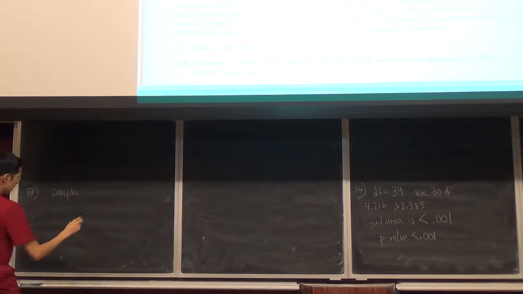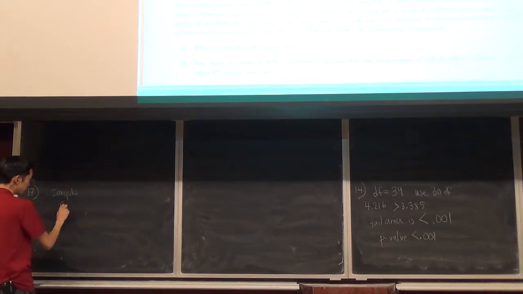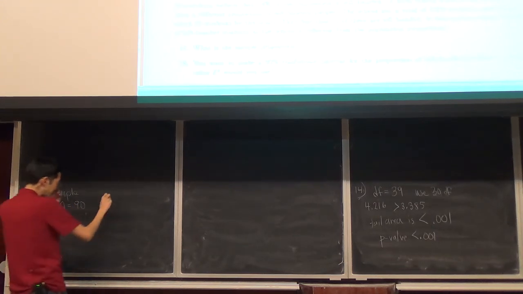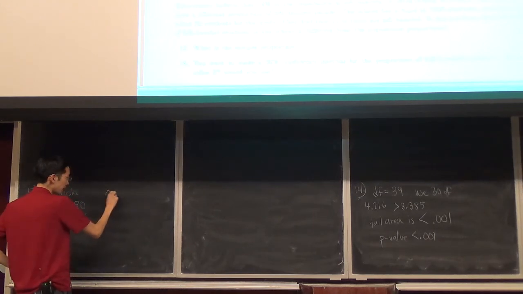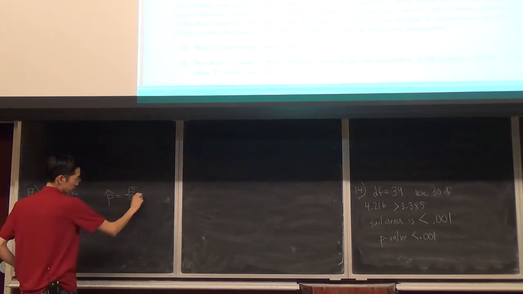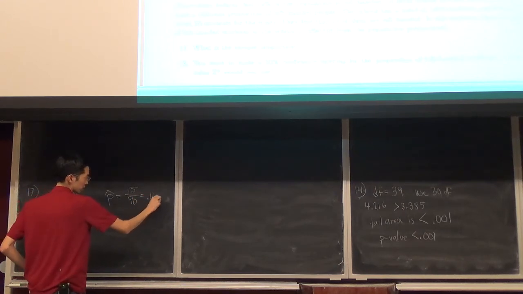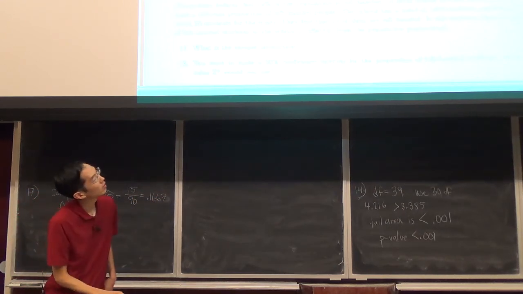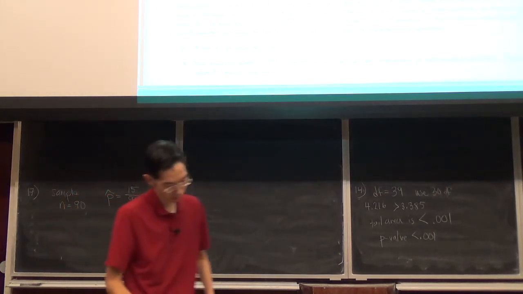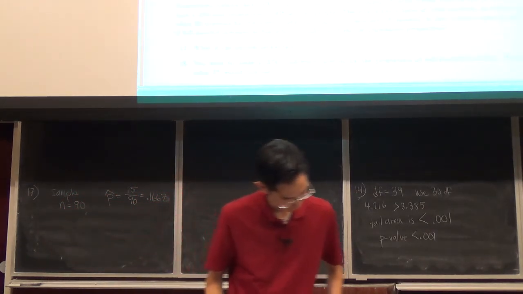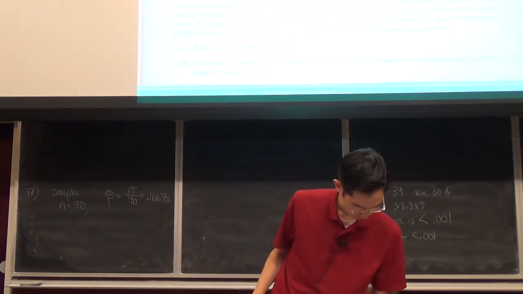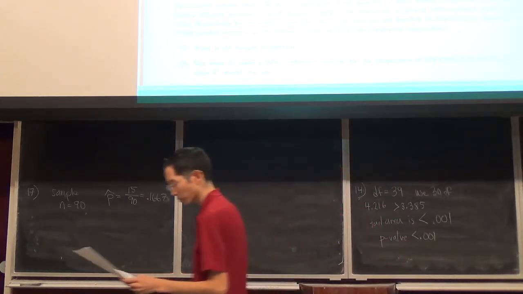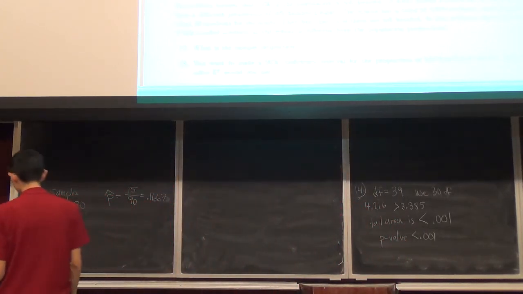And they say 15. So, always figure out what your n is. n is 90, okay? And so our sample proportion, p hat, is going to be 15 over 90, which is 0.1667. Alright?